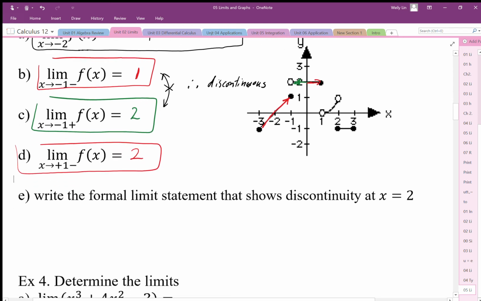So what is a formal limit statement to show the discontinuity at x equals 2? Well, we'll just show that there is the left hand limit is not equal to the right hand limit.